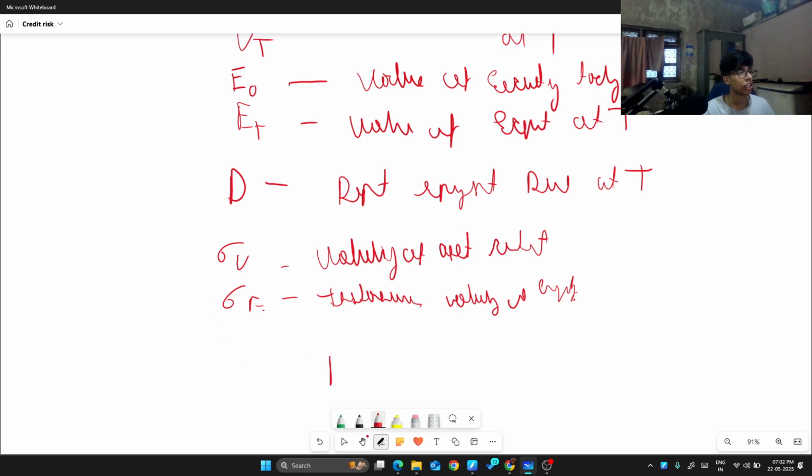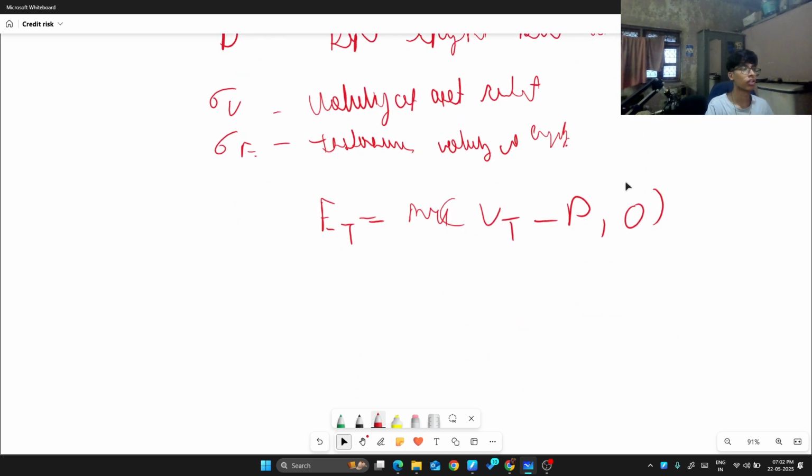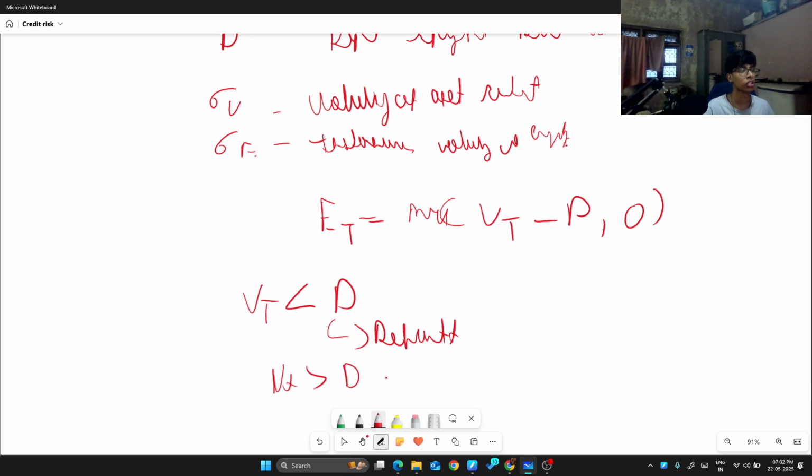There, ET, the equity, equals the maximum of VT minus D, and 0, where if our debt is more than the value of the company, there will be default, and if the value of the portfolio is more than debt, then there will be no default, and its value would be VT minus D.